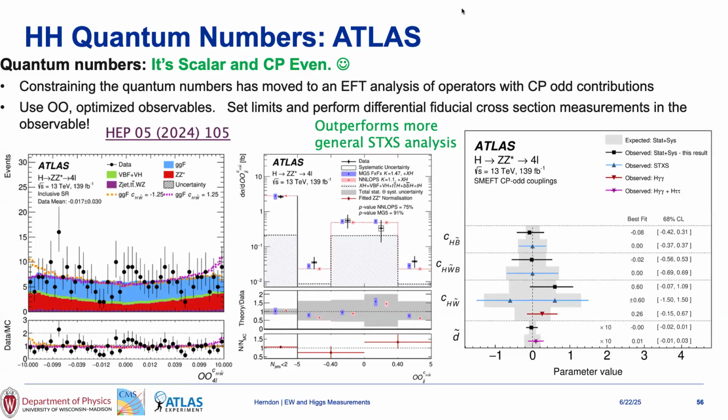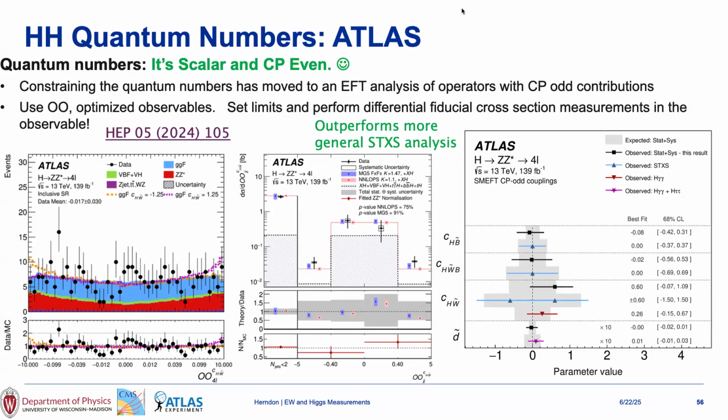Instead, it's a complex variable that's good for detecting a certain sort of CP odd contribution, but nonetheless, they have a differential measurement in this variable that shows the measurement compared to the expectations of the standard model, or a contribution from this operator, if you want to put that in the plot. So there's one of these differential measurements for each of the operators involved here.